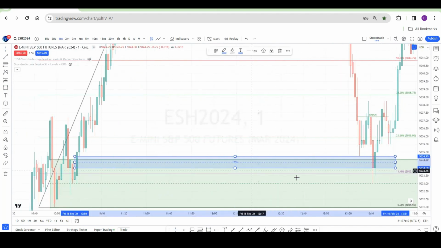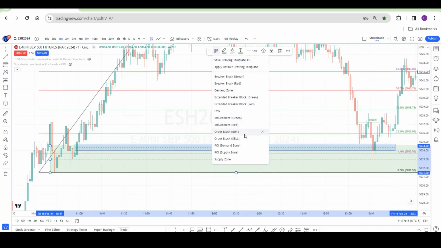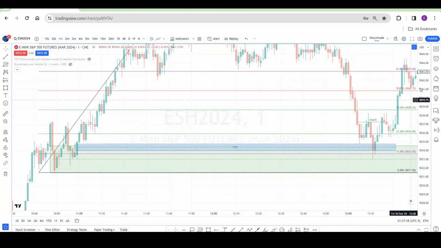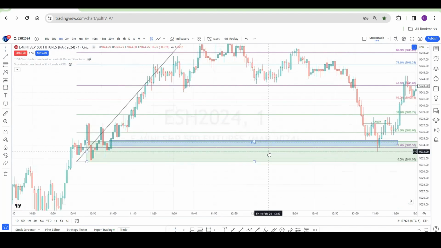Now the fair value gap is overlapping with the demand zone. Now this demand zone is basically your POI, point of interest. This is the most reasonable area to go in a buy direction because this is a POI. Now it is a demand zone POI.